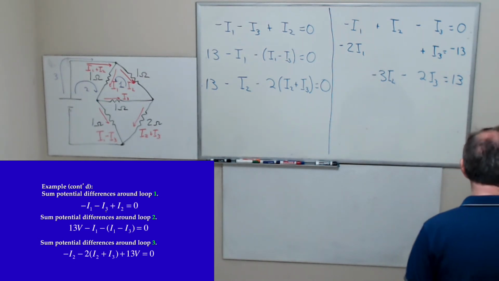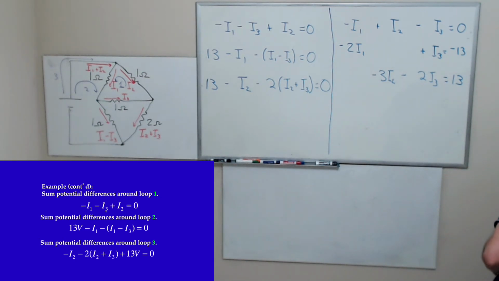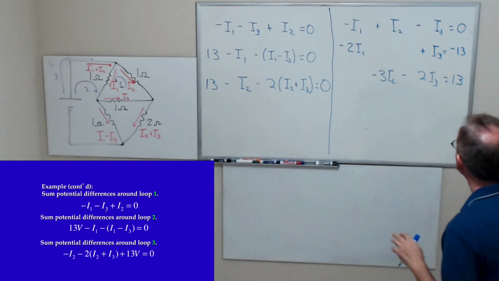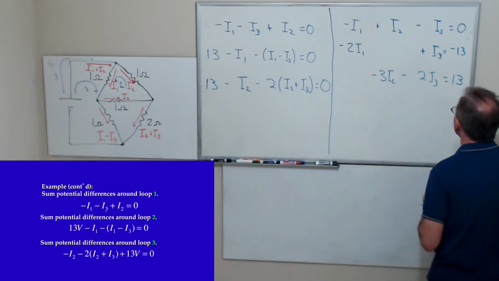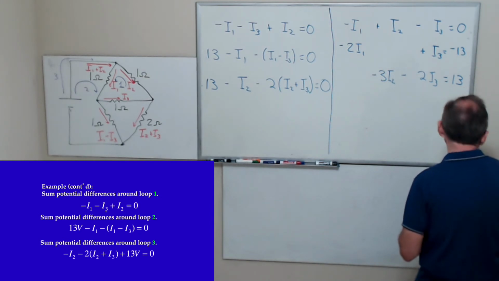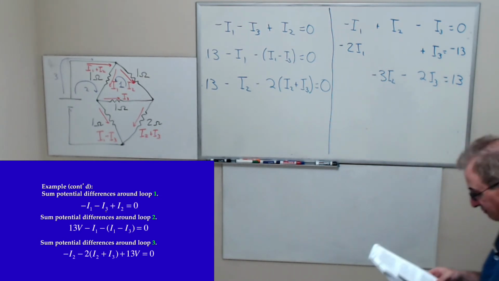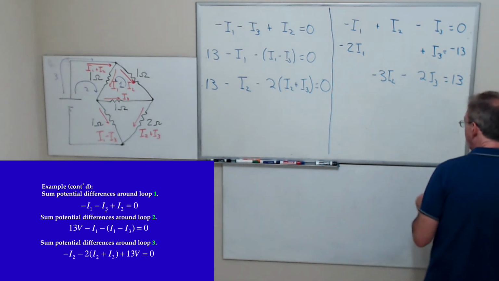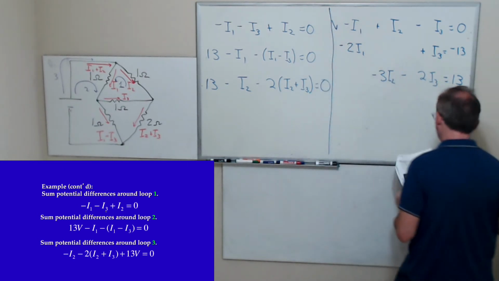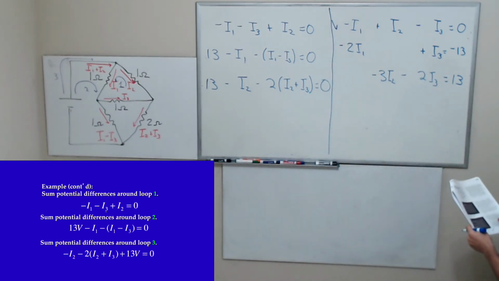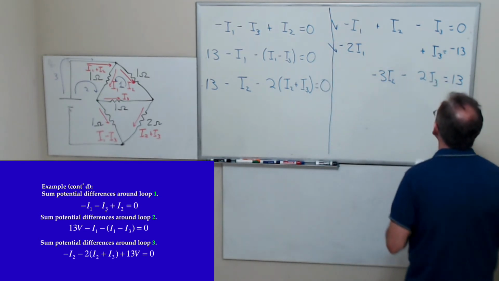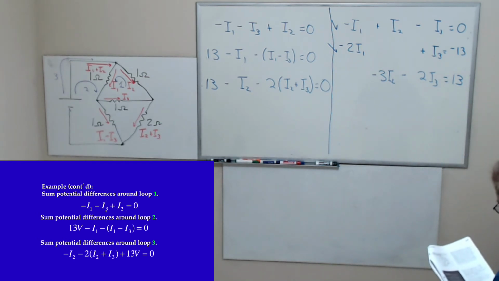So I have 3 equations and 3 unknowns. And again, I'm not going to really do substitution. What I'm going to do first is I'm going to eliminate some variables. I'm just multiplying equations by constants, etc. So I'm going to take this equation, and I'm going to take this equation.